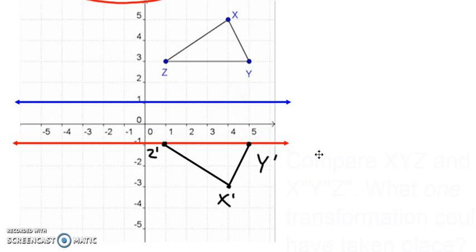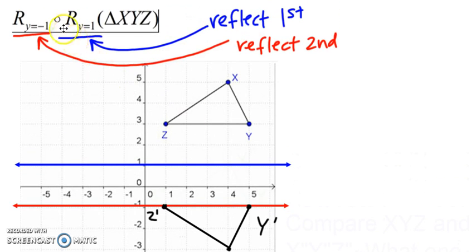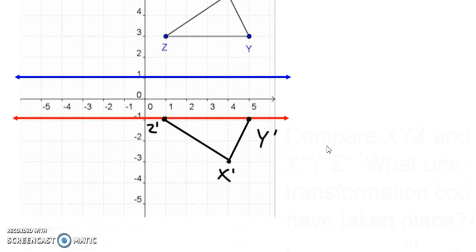So now our second reflection that's going to happen is reflecting over y equals negative 1, which is our red line. Both z prime and y prime are on the line of reflection, so their images will also be on the line. We know that if a point is on the line of reflection, then it really doesn't go anywhere. So I'm concerned with the distance that x prime is away from the line. It's 2 spaces away. So my x double prime would be up 2 spaces, flipping back over this red line.